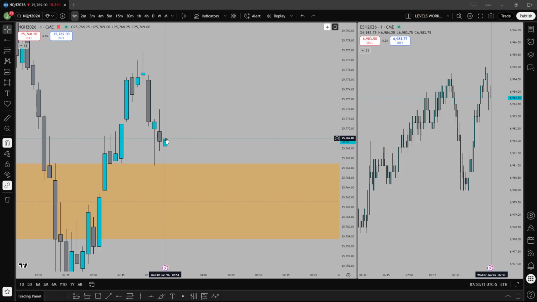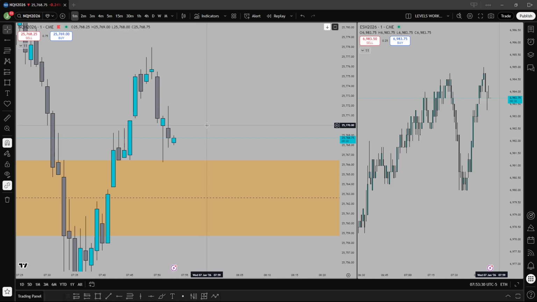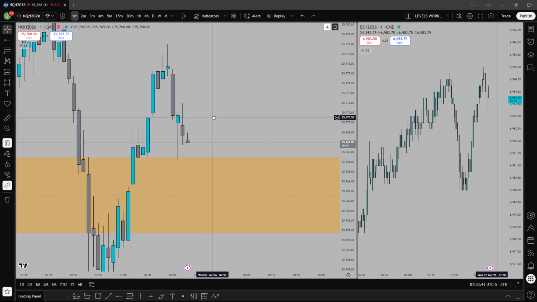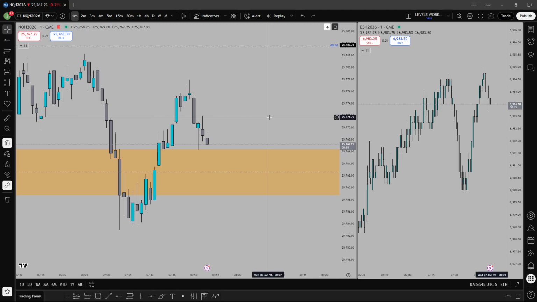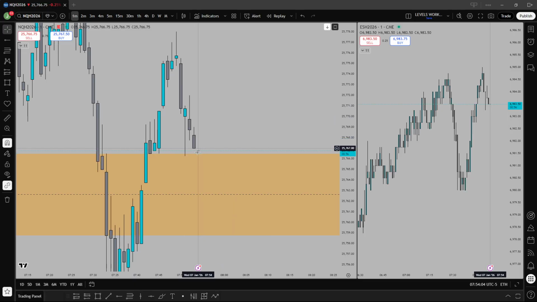I want to see this candle reject somewhere from here or here and then take this low. I want to see this low taken in the next candle, this one.